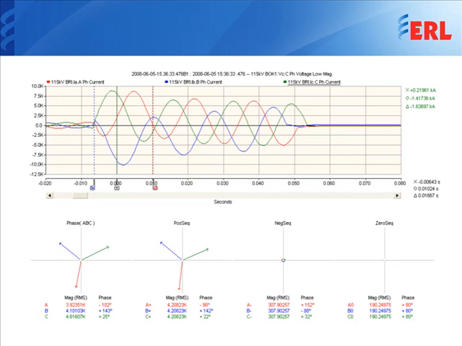Sometimes faults will evolve from a phase-to-ground to a phase-to-phase and then to a three-phase fault, so sometimes we see zero sequence components at the early stages of the fault. But when it evolves to a three-phase fault, everything should only have a positive sequence component.